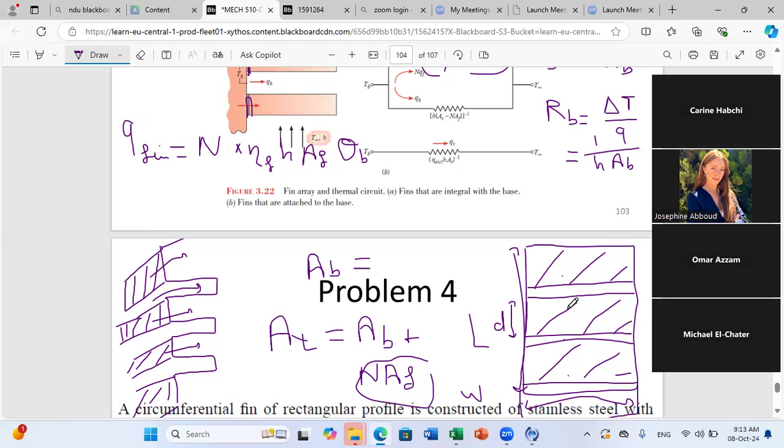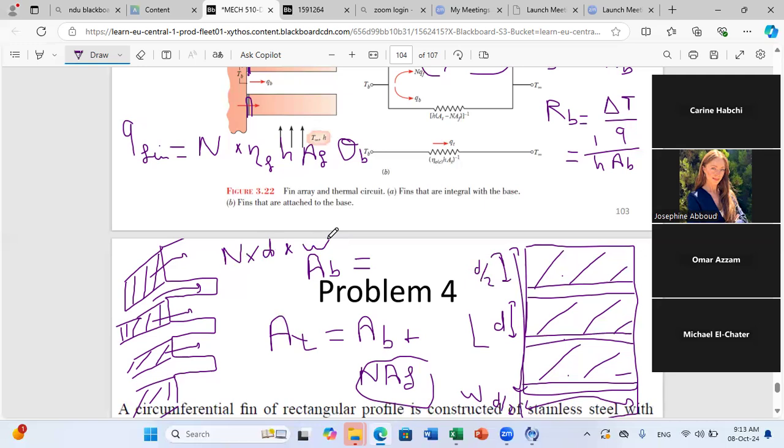And in general, it will be a repetitive pattern. For example, you will have here D over 2 from the upper side, and from the lower side also, it will be D over 2. And it will be equivalent to N times, if you have three fins, three complete uncovered areas, N times D times W. So this is the total area not covered by fins.